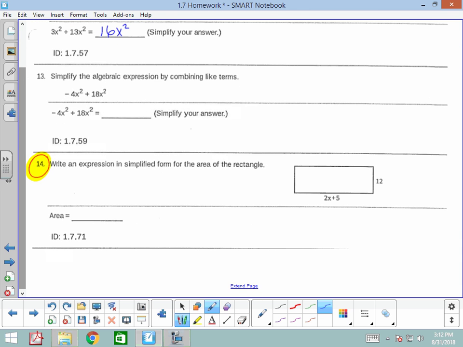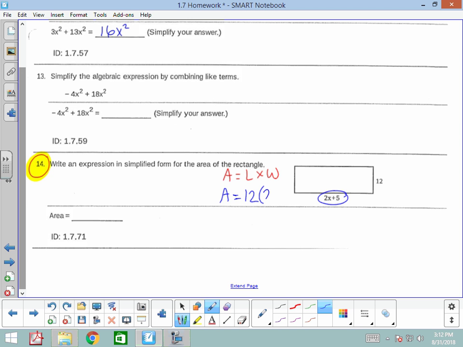Number 14. Write an expression in simplified form for the area of a rectangle. First of all, you need to know the area of a rectangle formula is length times width. We're going to multiply the length, which, it doesn't matter, you can choose 12 or 2x plus 5. Just because I like to put my number first, I'm going to choose 12.